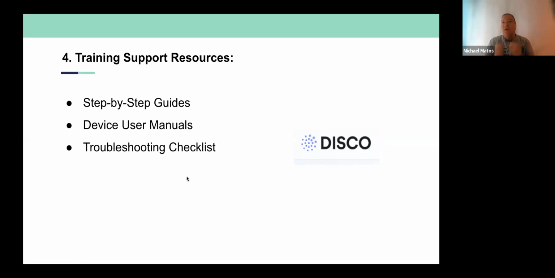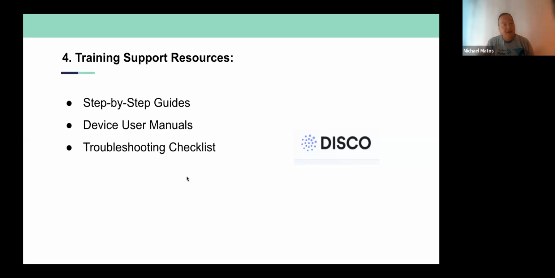So the next one is the training support resources. Step-by-step guides, which I showed you one earlier that we use for the different equipment used at different locations, like for example, the owl. And then these handouts should be downloadable, preferably PDFs, that guide participants through basic tasks, and they could be the learners or the professionals, right?